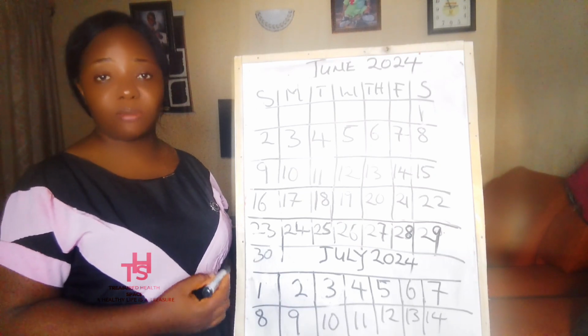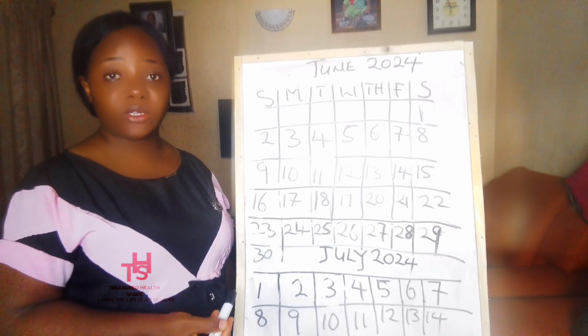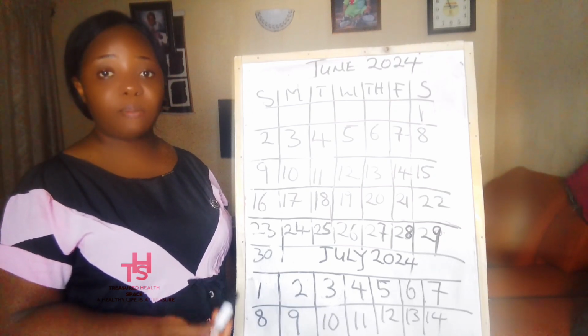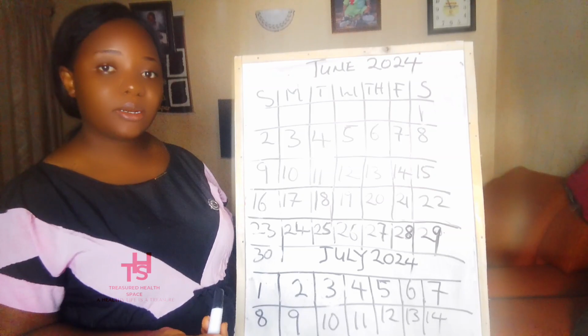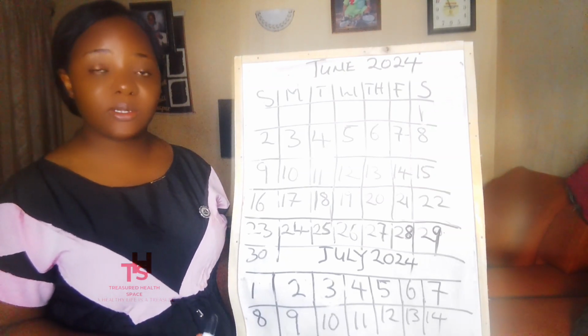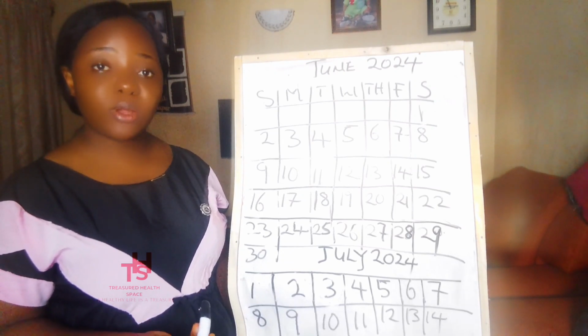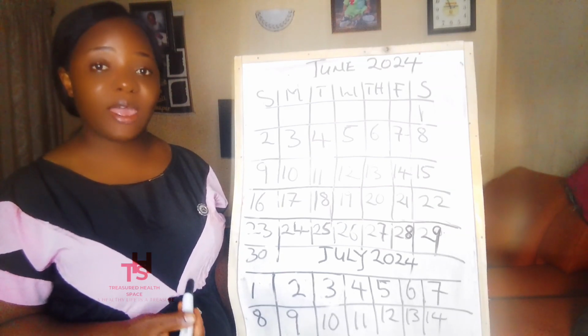For example, in the previous example we calculated for a 26 days cycle, her period came on the 7th of June and came again on the 3rd of July. So knowing your cycle length cannot be overemphasized.